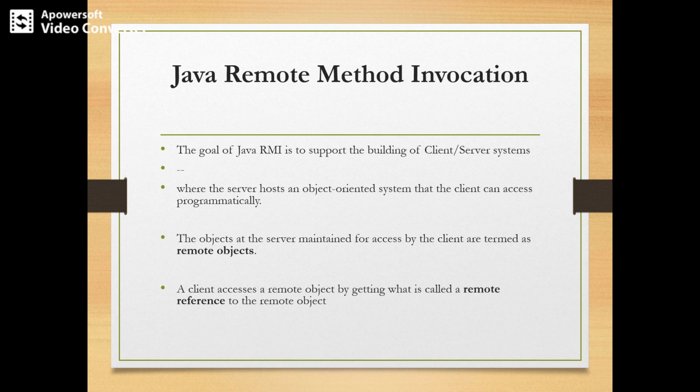The basic idea of RMI is to employ the proxy design pattern. We heard about this and studied it. This pattern is used when access is insufficient or inconvenient or impossible, perhaps very difficult. In such cases, we use this. In the current context, the object is only available at a remote site.